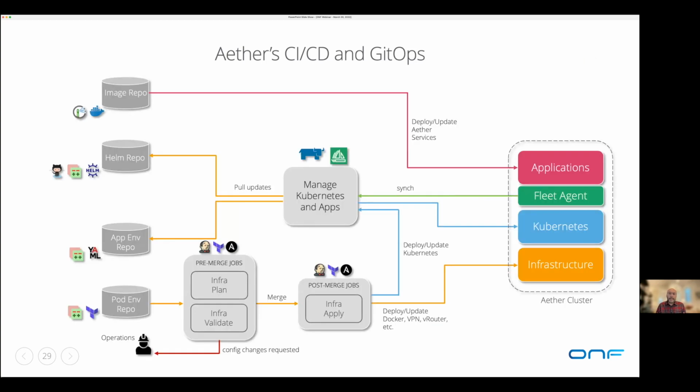Then the images, manifests, and infrastructure and application configurations are collectively used for the CD portion of our CI/CD toolchain. In parallel, the automated infrastructure configuration updates empower us to treat our Kubernetes infrastructure as code in Ether.